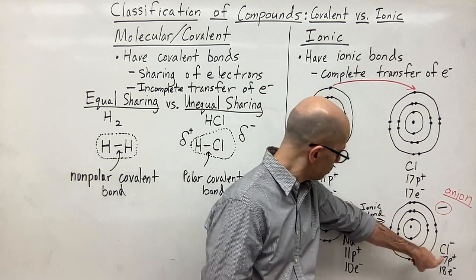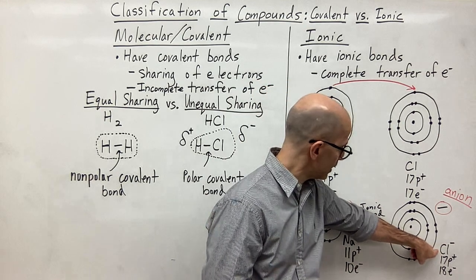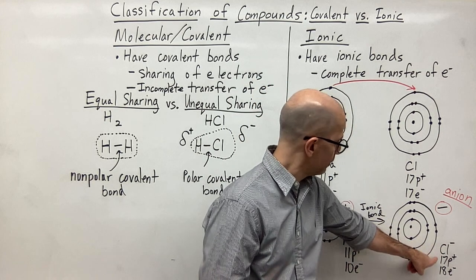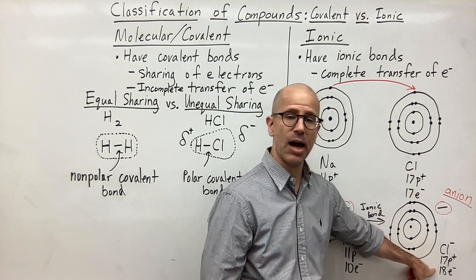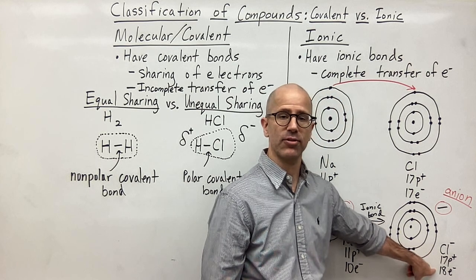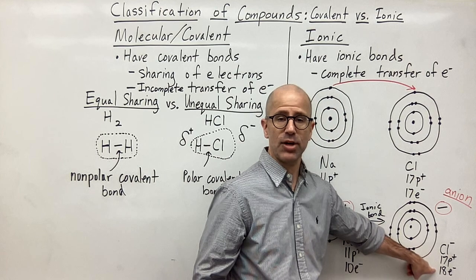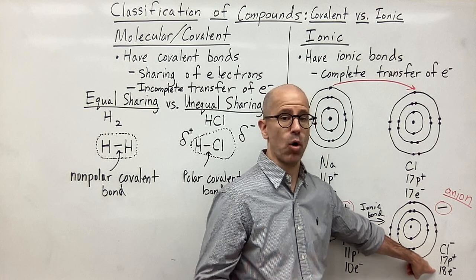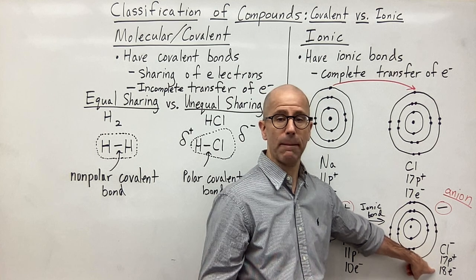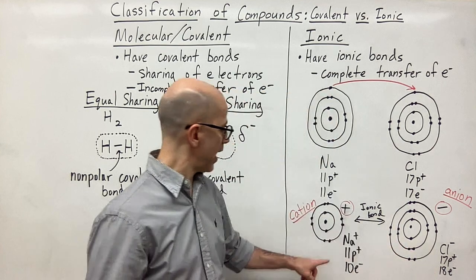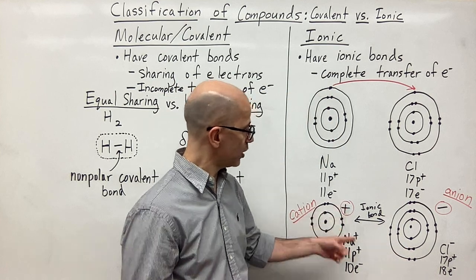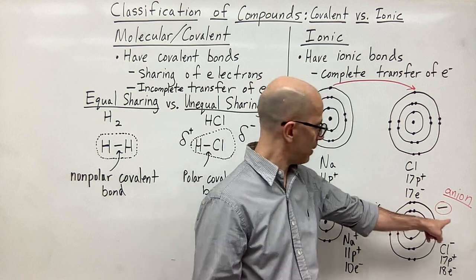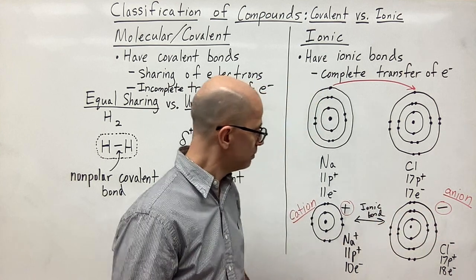And so here we have Cl minus, and the reason for that is because we have 17 protons, and now we have 18 electrons, because we gained an electron. So now there's an imbalance here. We have more electrons than protons, so we get a minus 1 charge here. I meant minus 1 charge.